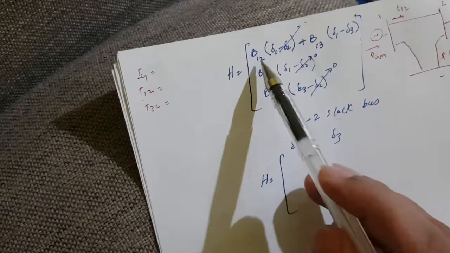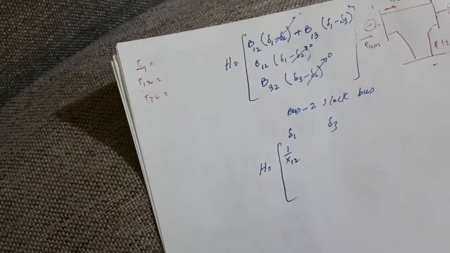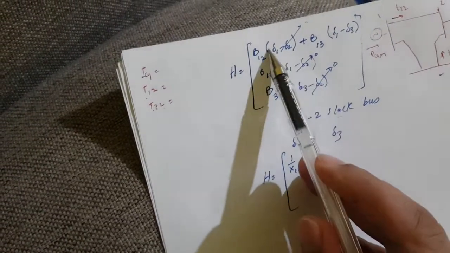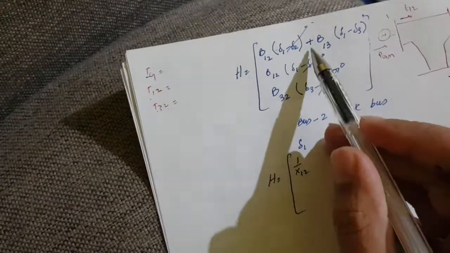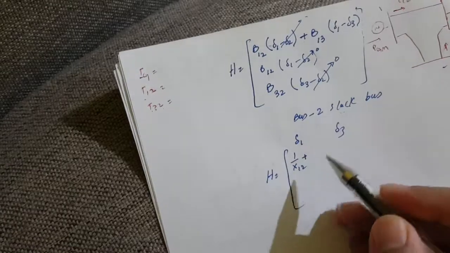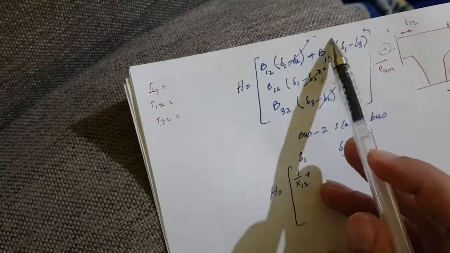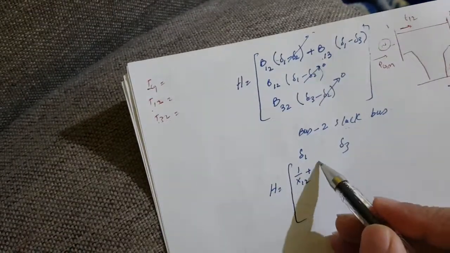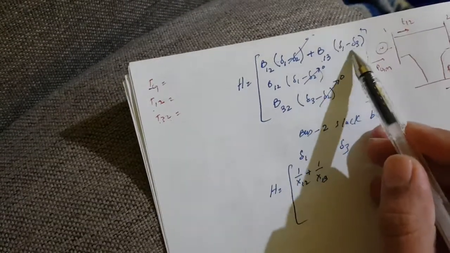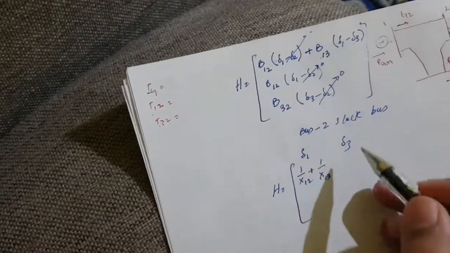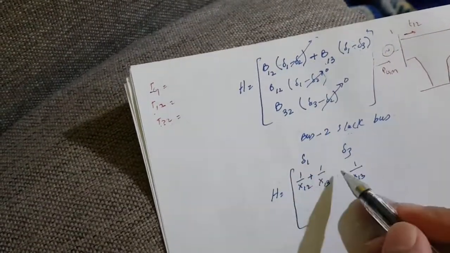So for delta 1 the coefficient is B12, it means 1 over X12. Take care of the signs, positive sign, so 1 over X12 plus B13. For delta 1 it is 1 over X13, and for delta 3 it is minus 1 over X13, so take care of this minus sign.